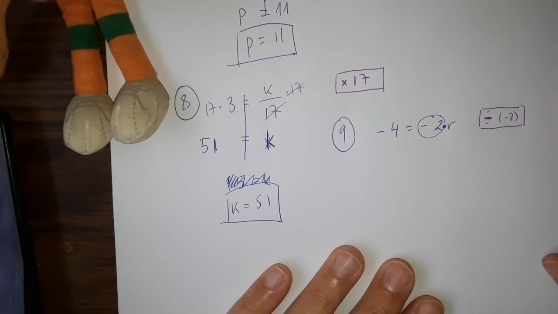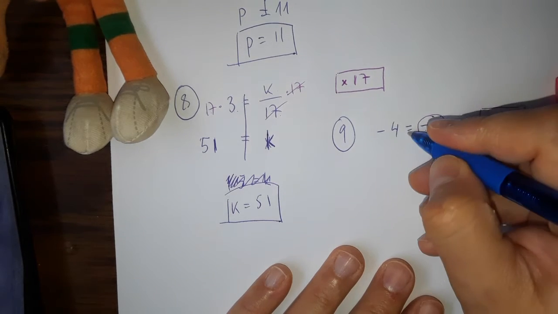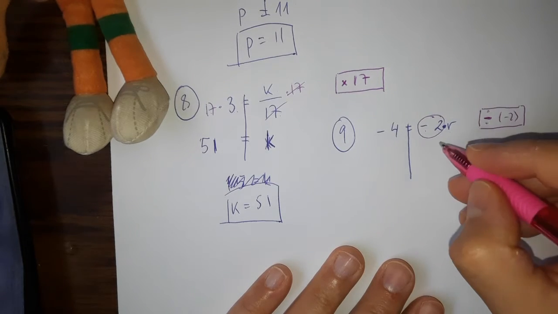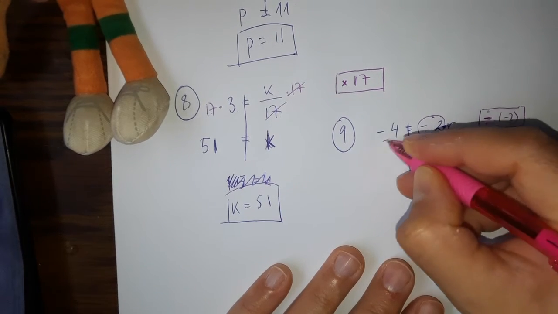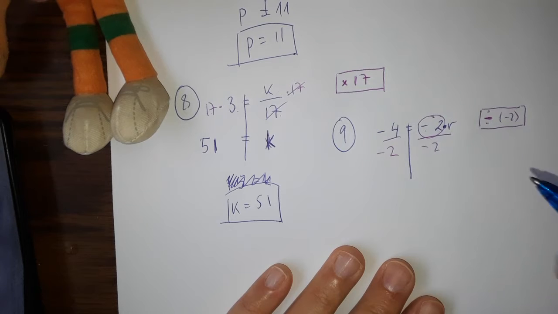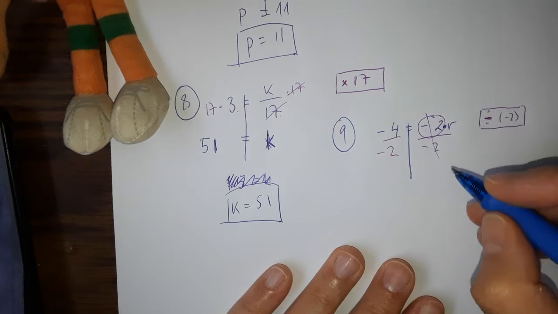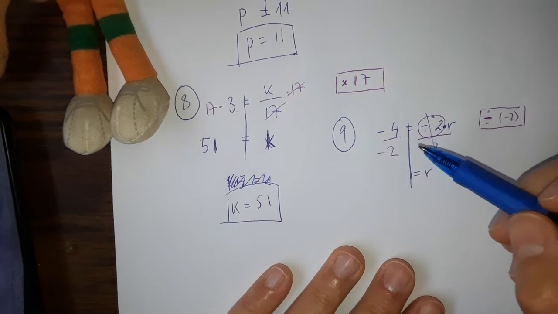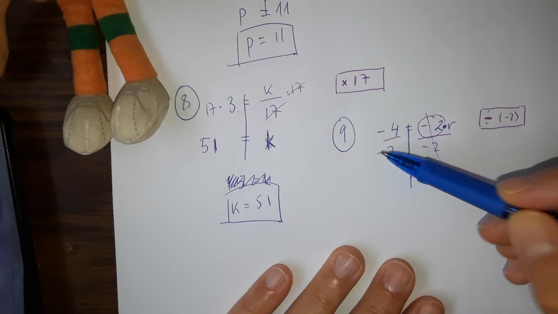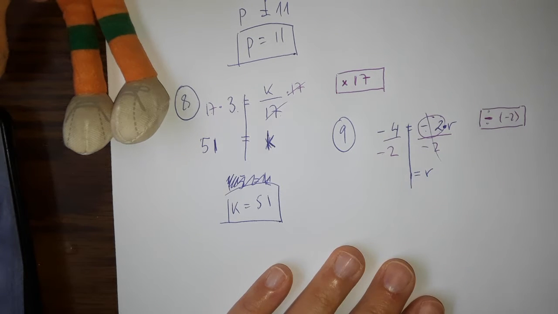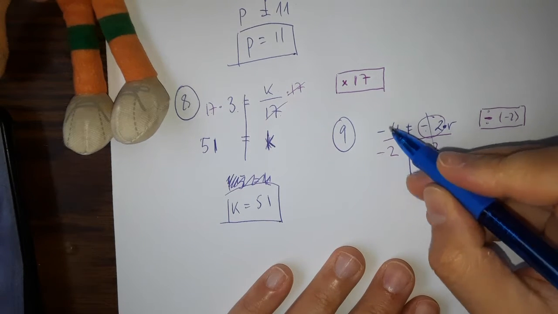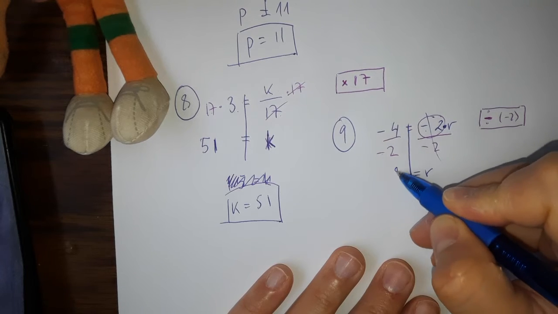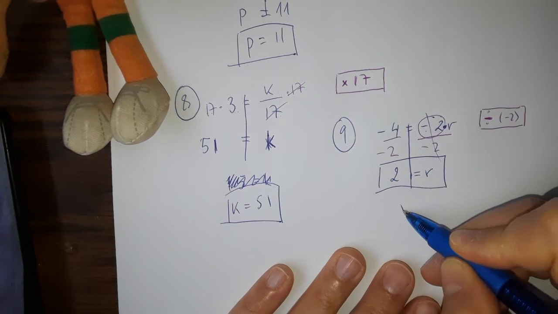So we divide over negative 2, over negative 2. And what we have here is R equals, then now when we have a negative over a negative, that's a positive. So we have positive, and then 4 over 2, it's 2. So R is 2. R equals 2.